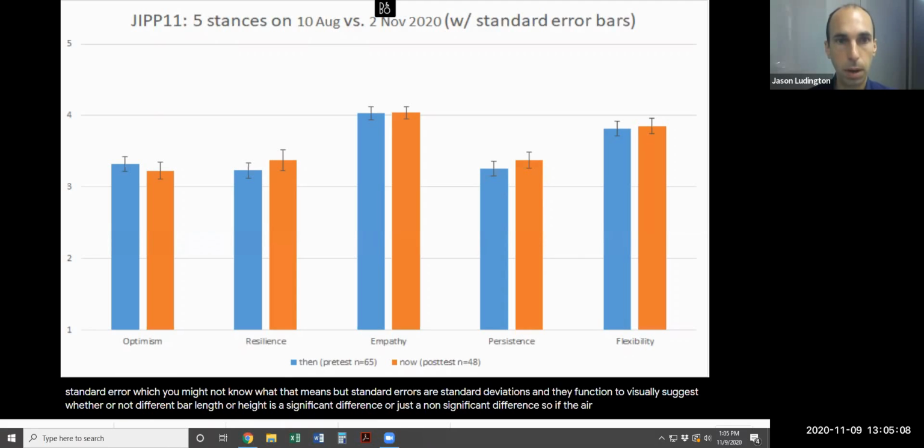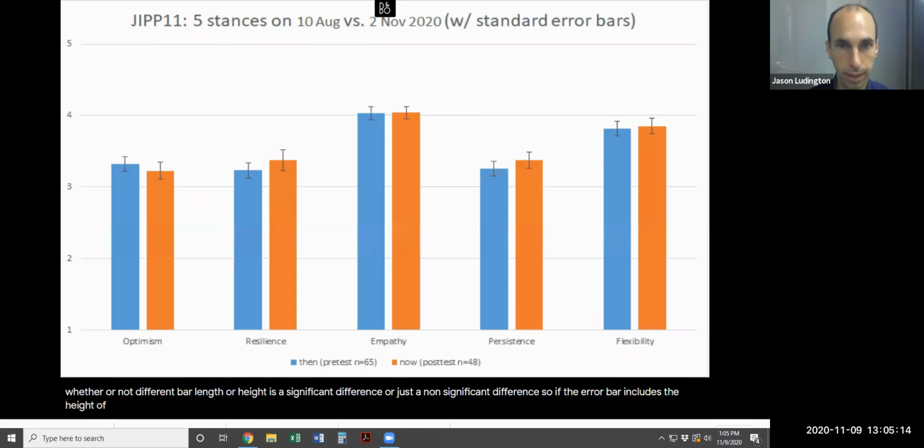So if the error bar includes the height of its adjacent bar, that indicates probably significant difference between the two.